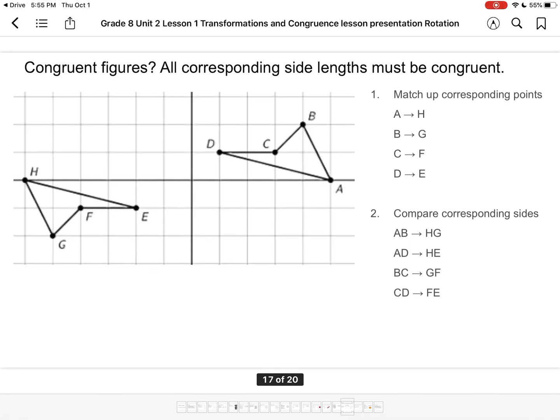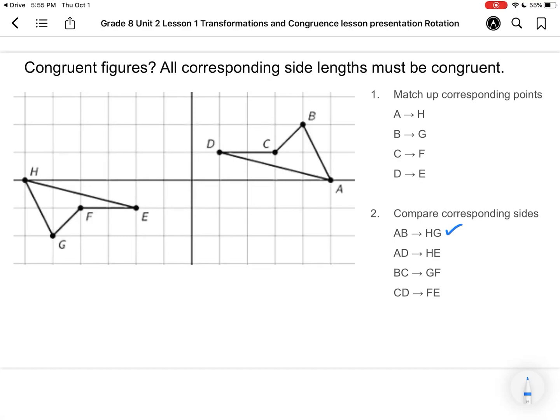Is AB the same length as HG? So AB is a diagonal line across 2 boxes long and 1 box wide, and so is HG. So they're the same length. And I would do the same for AD and HE.